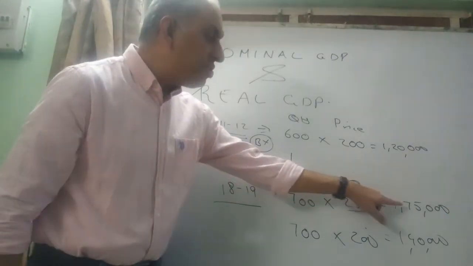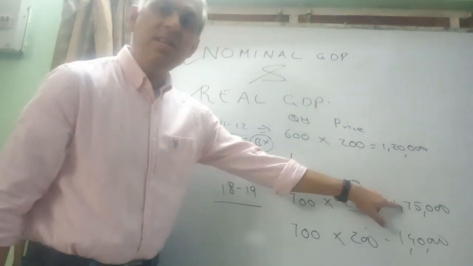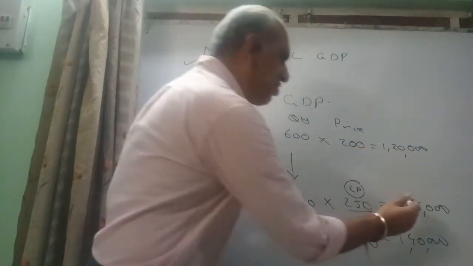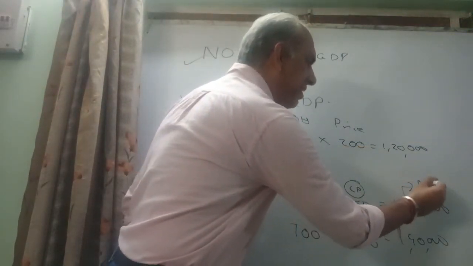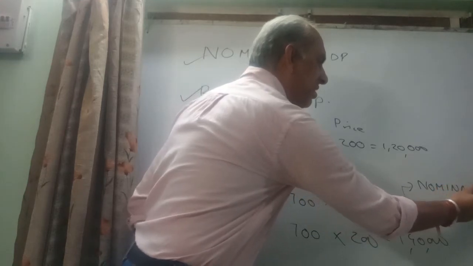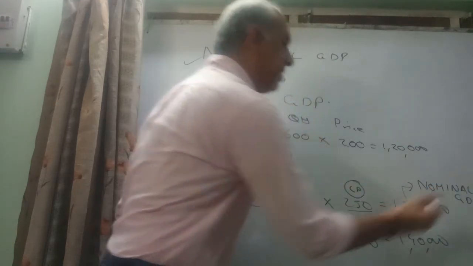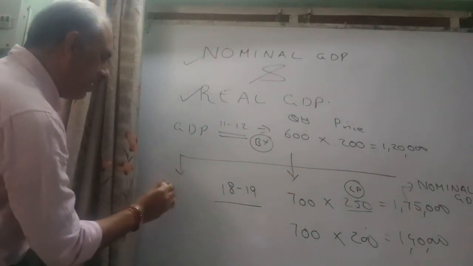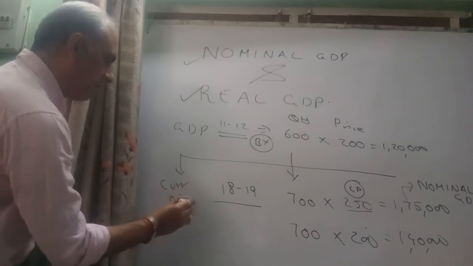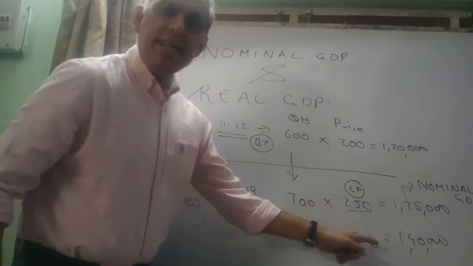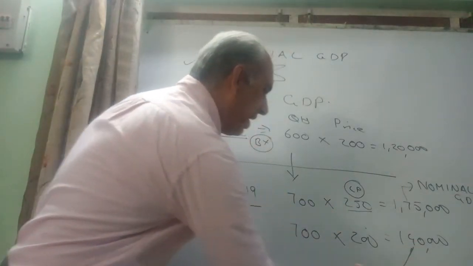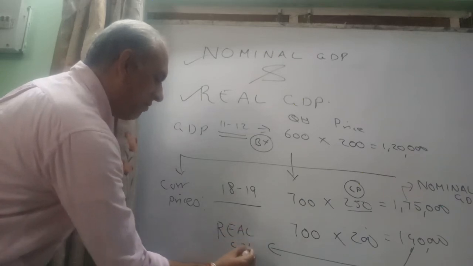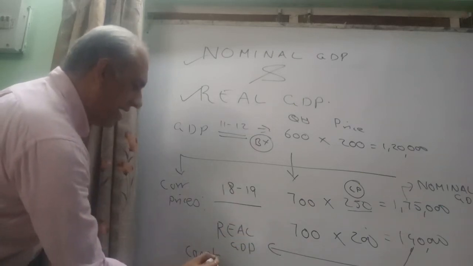So you may not always be sure that this 1,75,000 is a good comparative value when compared with 1,20,000. Such a value taken on the basis of current price is referred to as nominal GDP. The word is nominal GDP. It is also referred to as GDP at current prices. Am I clear? But if I take GDP of 1,40,000, it is referred to as real GDP, which basically means GDP at constant prices.